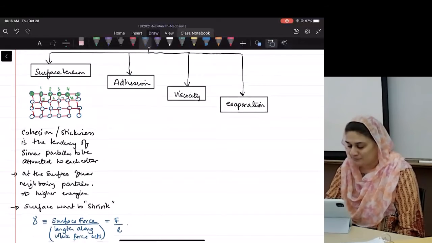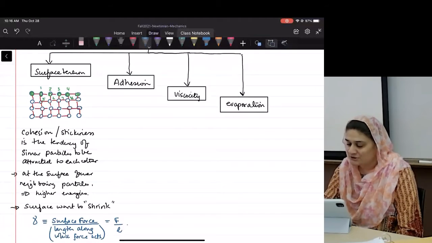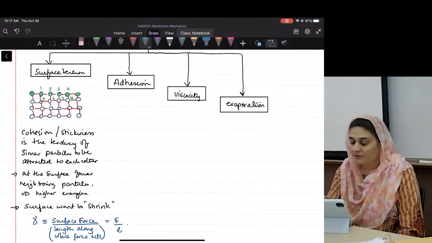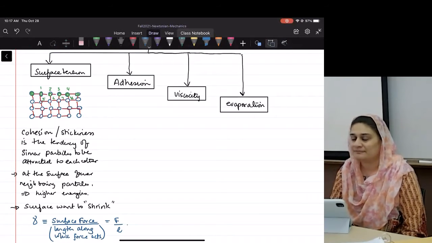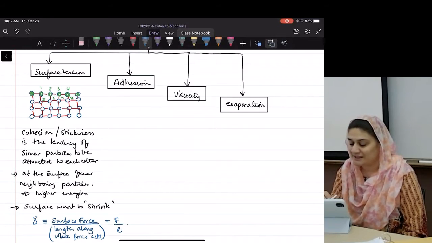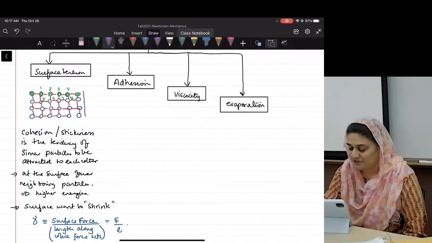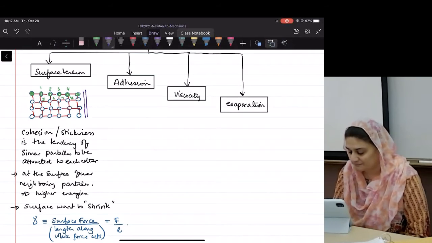Okay, adhesion. What is adhesion? Well, what happens to the sides of these molecules? So I want to take the same picture and think about what will happen to its sides. What will these molecules do to the side?